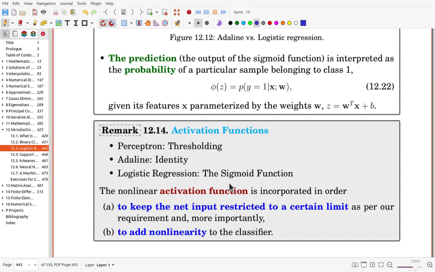So it is within the restricted limit, and so we can handle the quantities much more effectively. And also, it adds a certain nonlinearity, and that is also quite beneficial when the data set is noisy.